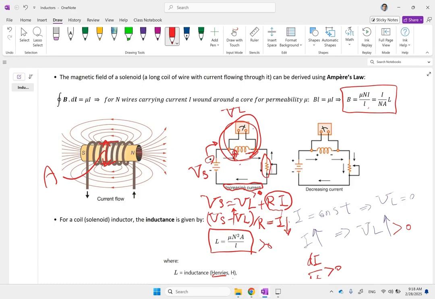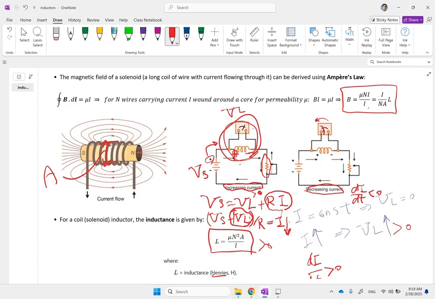It says, hey, why did you increase it? I didn't like you to increase it. Now I'm trying to increase my voltage to bring the current down and put it back to whatever it was. I don't like that you changed it. And the exact opposite happens when you're decreasing it. Here, you're decreasing it, so di over dt is negative. When it's negative, this voltage across the inductor is going to go the other direction.